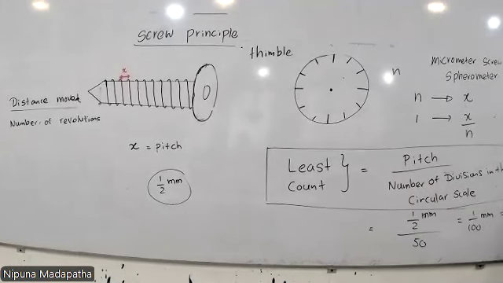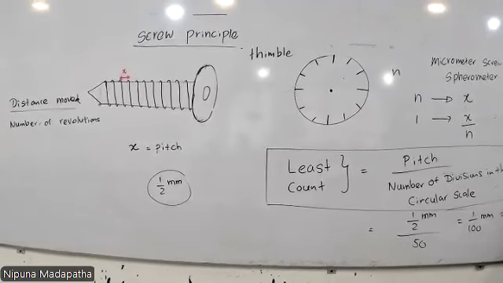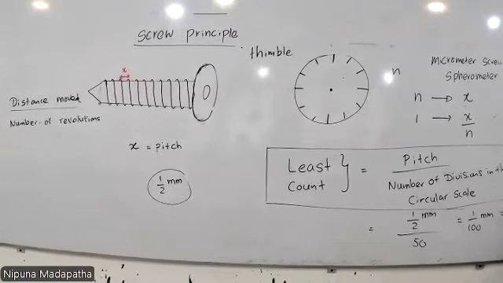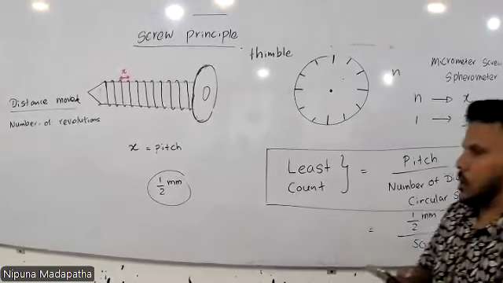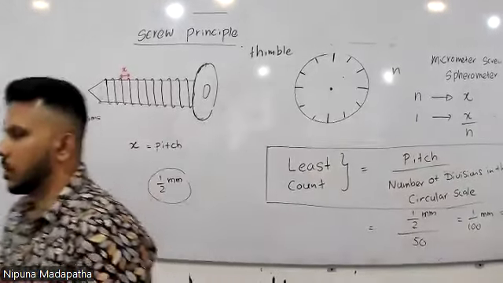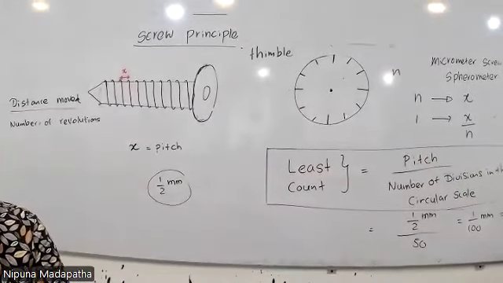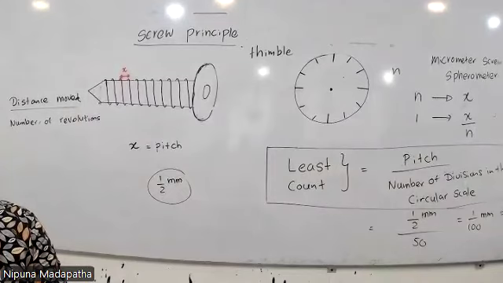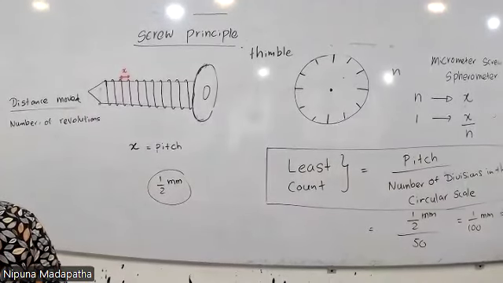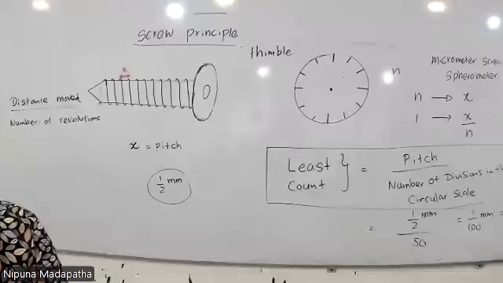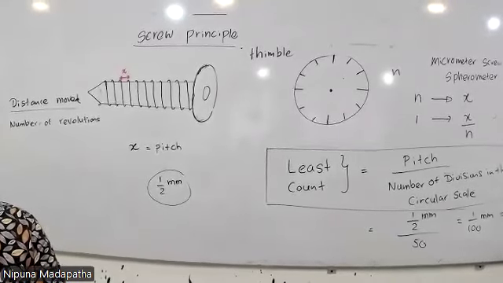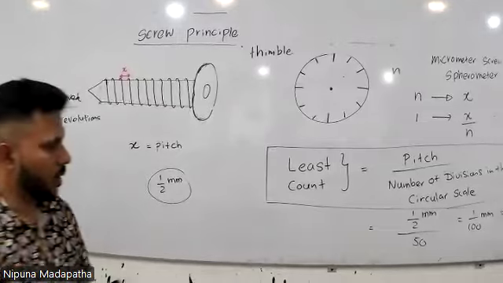If the pitch of the screw is half a millimeter, what is the least count of the instrument? Right. Simple. Already done.